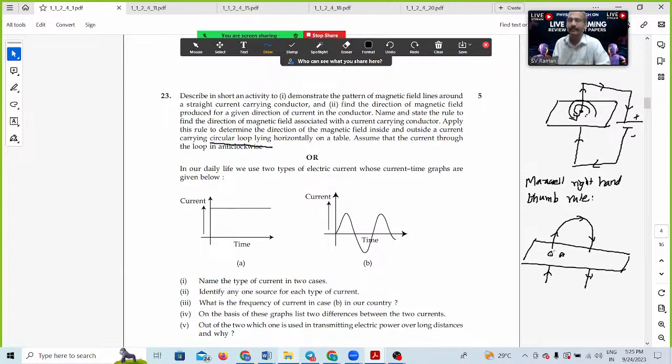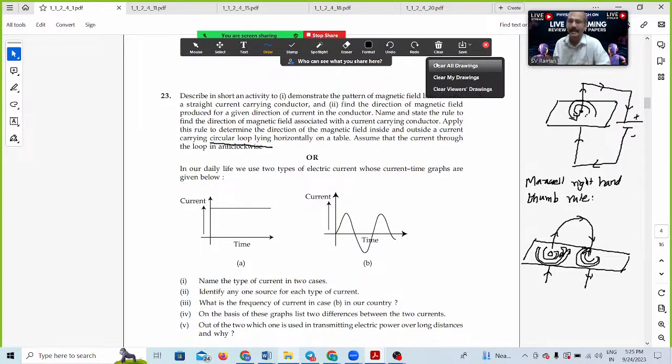The thumb we place along the current direction, and the remaining four folded fingers will give the anti-clockwise direction. Now the thumb we are placing downwards, and the remaining four folded fingers will give the clockwise direction. So what we understood is, if current direction changes, magnetic field direction will also change. So this we are projecting for this 5 marks question.